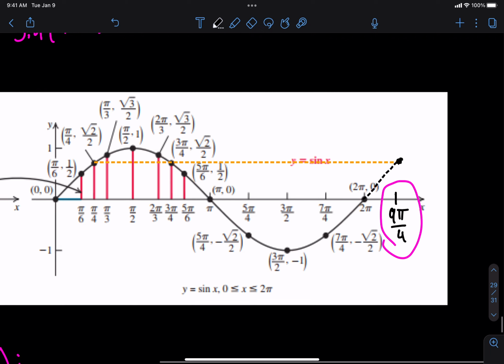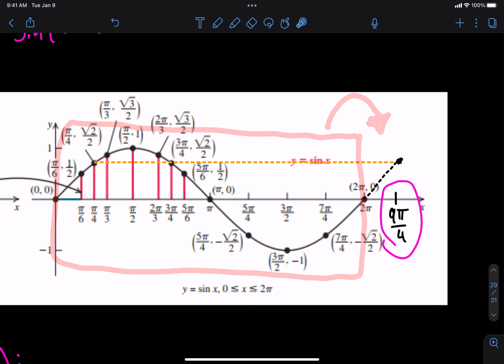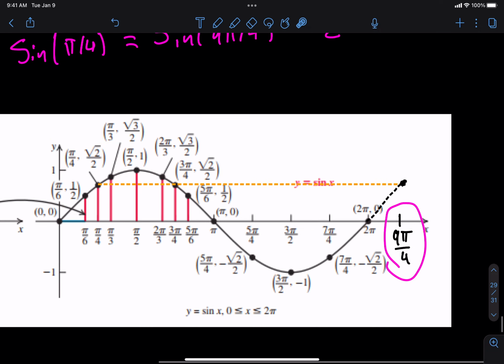Okay, so the height of the function, what are we going to do? We're going to take this picture, and we're going to copy and paste it, and it's going to go here. We're going to copy and paste it, so it's going to go there. And we're just going to connect the start to the end, and it's just going to repeat like this over and over and over again. If you were to zoom way out, what would it look like?